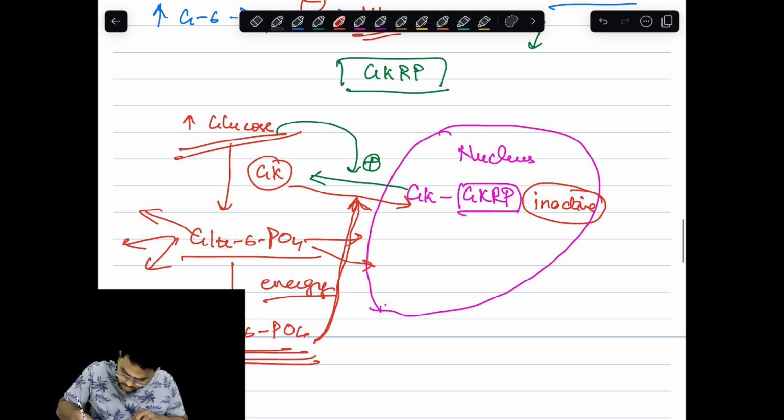This is how it will look: hexokinase activity. And this portion represents fasting blood sugar. You can see that at fasting blood sugar only, it has already achieved its Vmax.